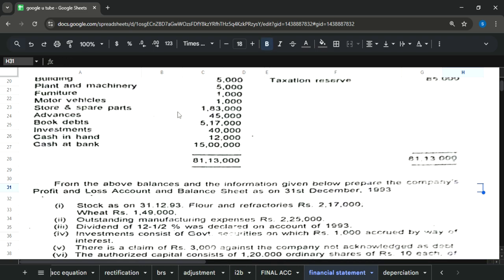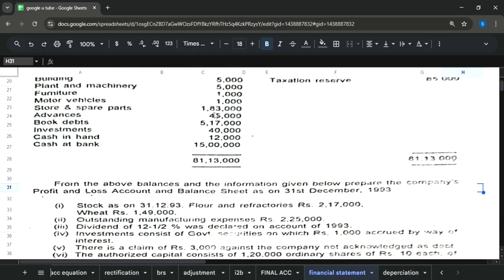Okay, store and spare parts we are done. Advances. Now this is very interesting. You may have given advance to someone, or you may have taken advance from someone. So how would we decide that we have taken or given, since it is present on debit side?